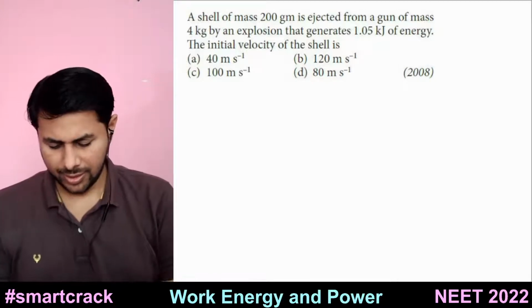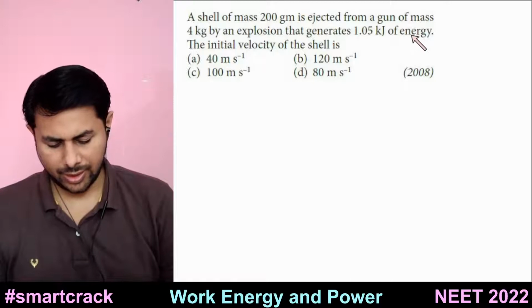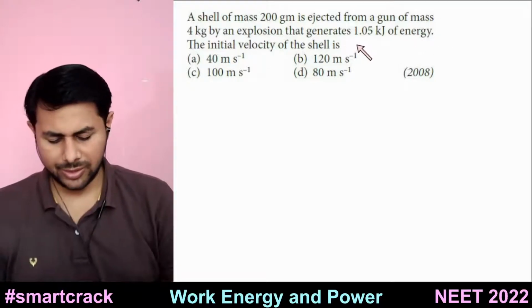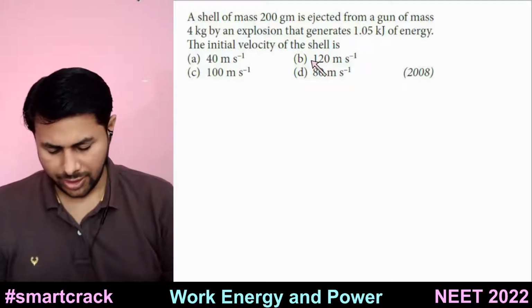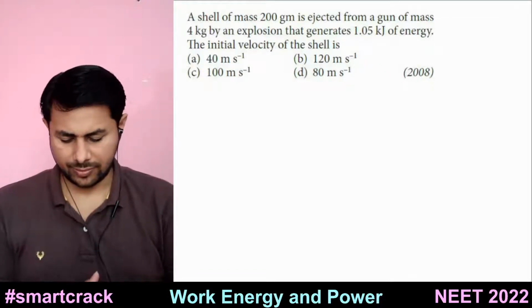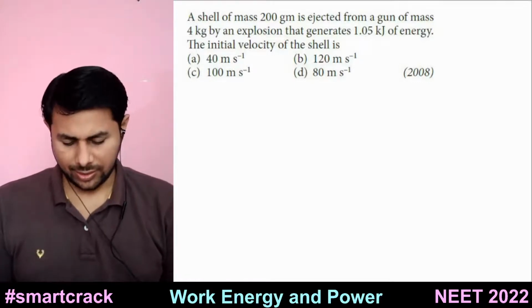The next problem: a shell of mass 200 gram is ejected from a gun of mass 4 kg by an explosion that generates 1.05 kJ of energy. The initial velocity of the shell is? So there is a bullet or shell being ejected from a gun.